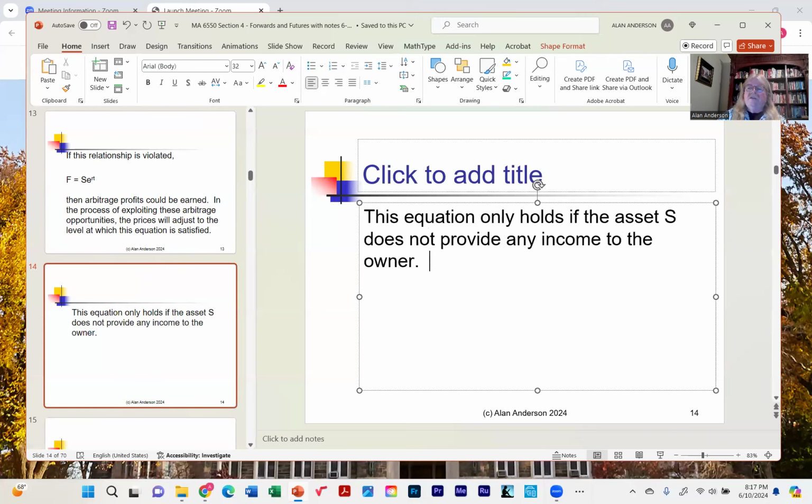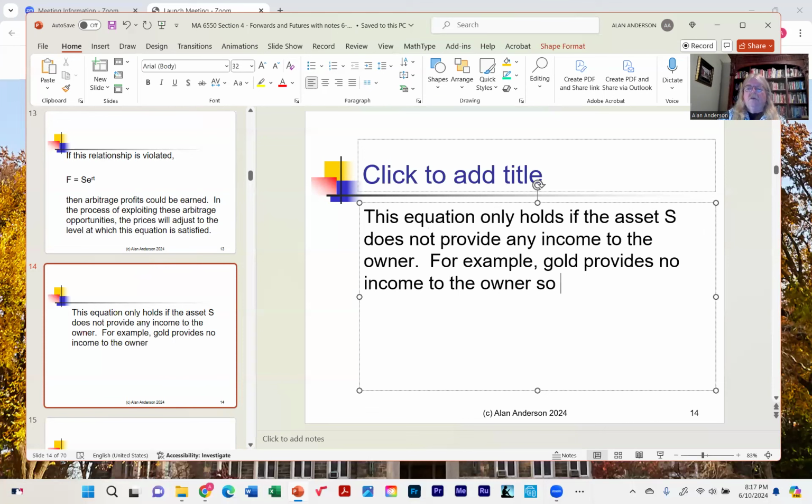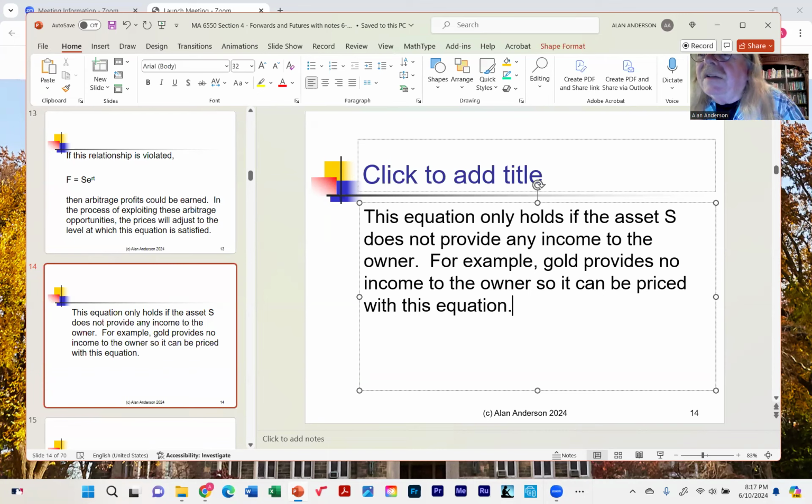So in other words, imagine it's a bar of gold or something like that. For example, gold provides no income to the owner, so it can be priced with this equation. Okay, in other words, you don't get any interest payments, you don't get any dividends, anything along those lines.